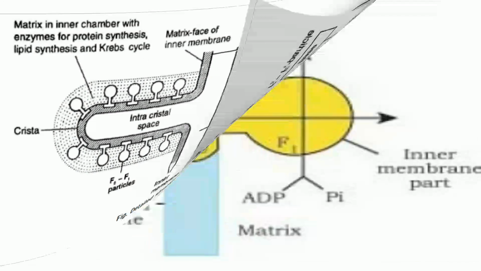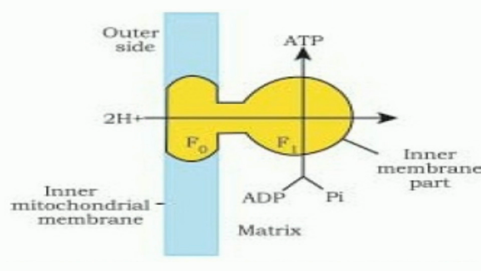It's quite small, and therefore the proton rush is created over here. The pH of the outer surface of the inner mitochondrial membrane lowers considerably due to the concentration of net positive charge, because the proton is a positive ion. Thus the pH gradient is generated, that is, a gradient means a difference in the pH. On one side it is positive, the other side it is negative.